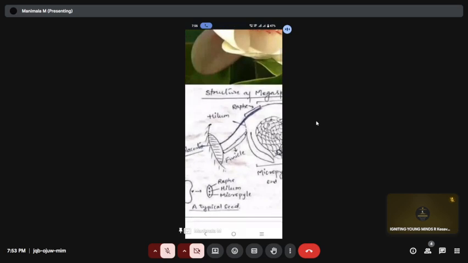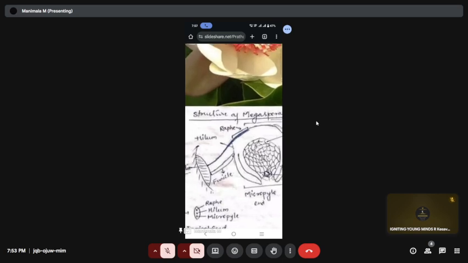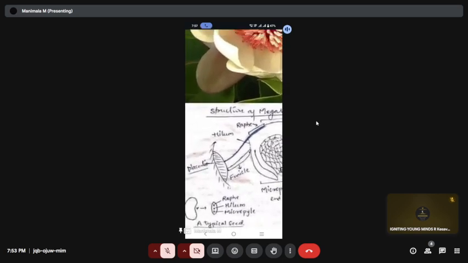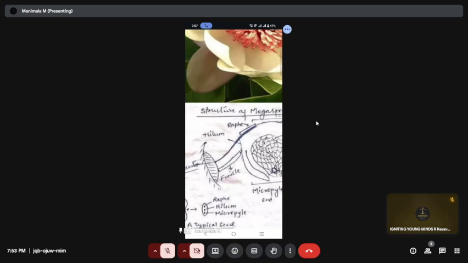The ovule is attached to the placenta with the help of the funiculus. The place of attachment of the stalk with the main body of the ovule is called the hilum. Any doubt?